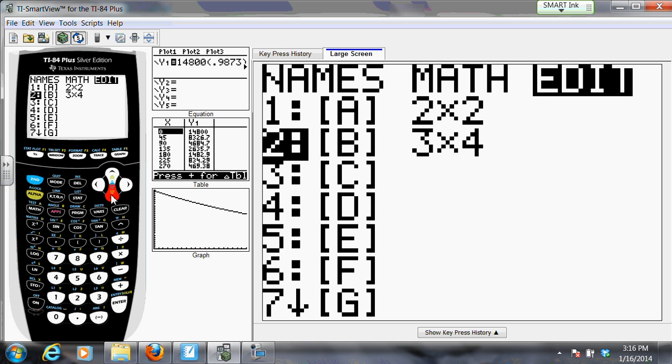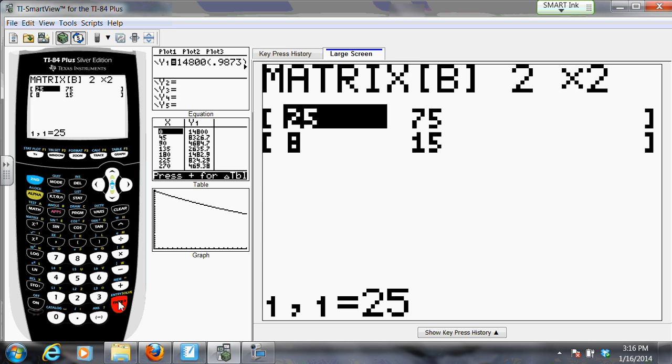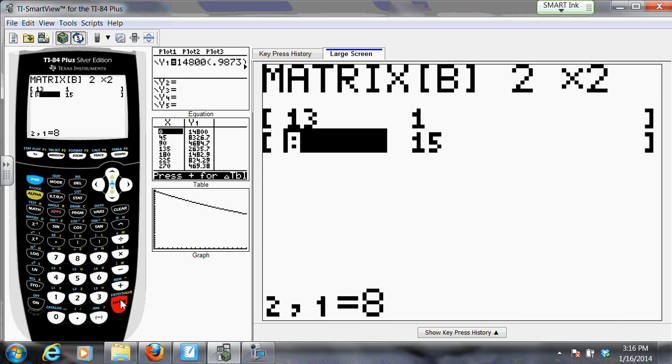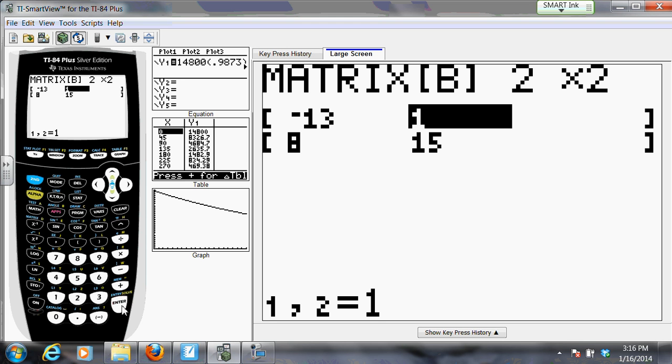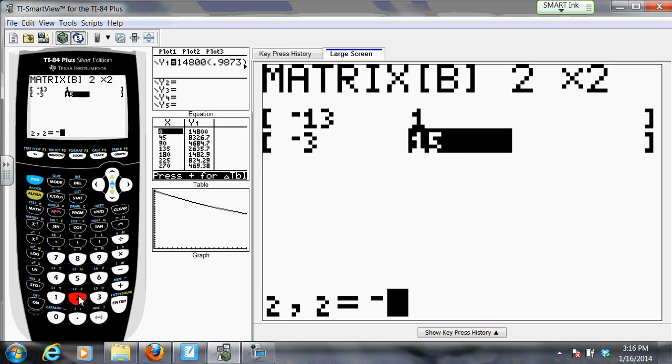This time I'm going to go to matrix B, make it a 2 by 2. And our numbers are -13, 1, -3, -2.